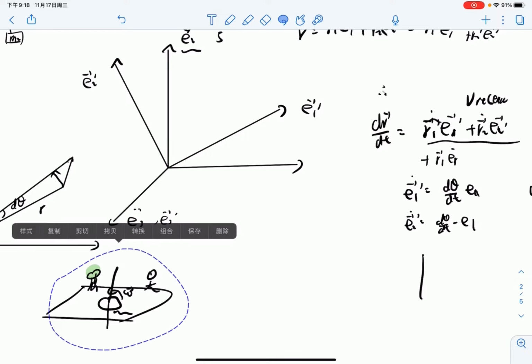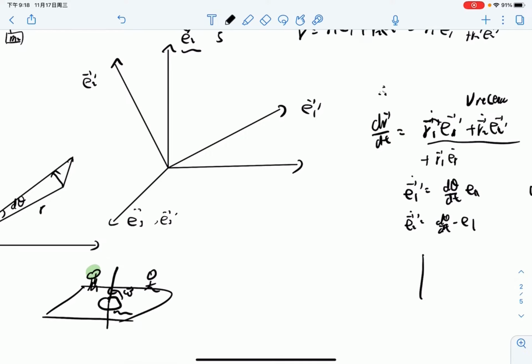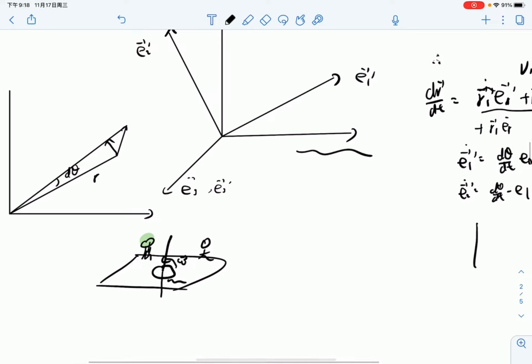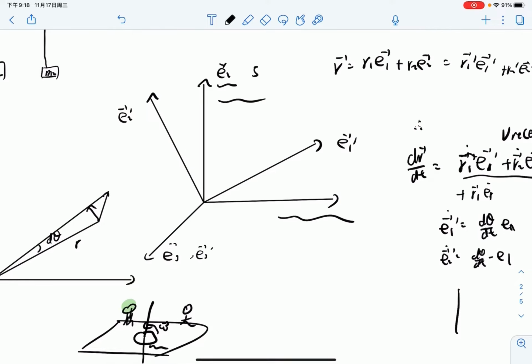First, we set up the coordinate system like this, which is S, and that is the ground.